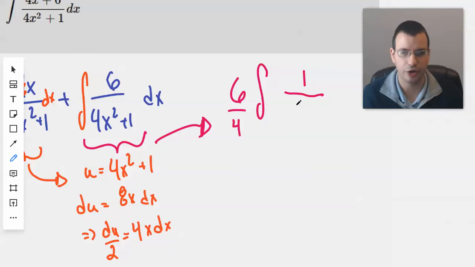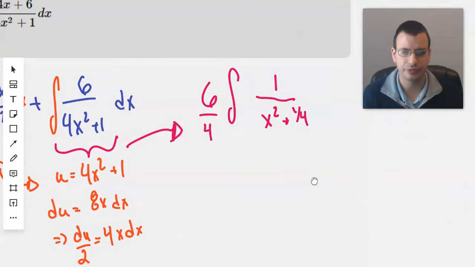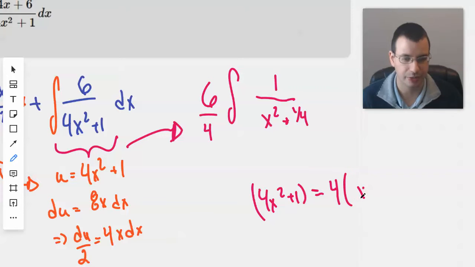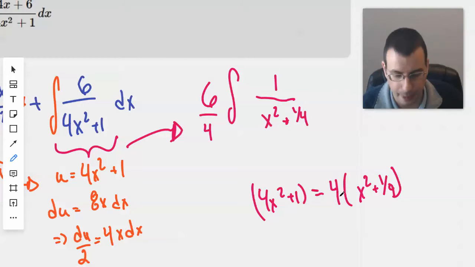So I have 1 over x squared plus 1/4. Does that work? I think that works. Yes, we can do that. So we had the 4x squared plus 1, and that equals 4 times x squared plus 1/4. And then we just took the 4 out, okay?